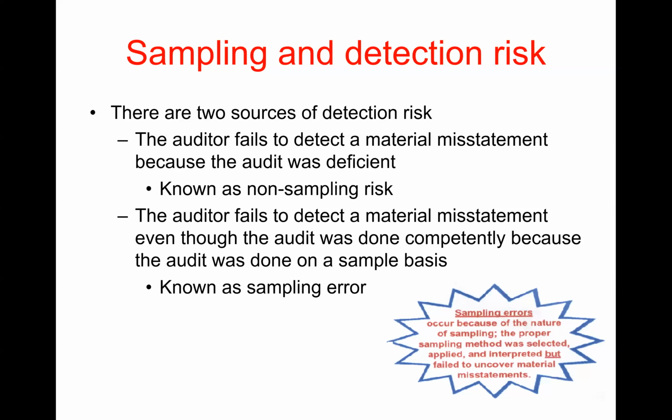That's just a slight confusion in terminology there. The best way to think of non-sampling risks is that the auditor messes up, whereas a sampling risk occurs because of the nature of sampling: the auditor hasn't messed up, it's just that the auditor's not checking everything.